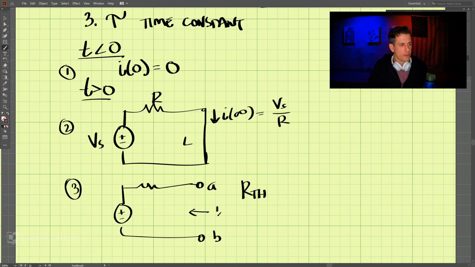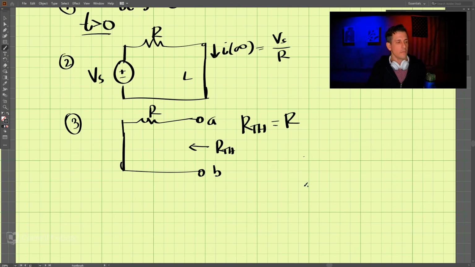We're looking for the equivalent resistance here, and we have an independent voltage source, which we then turn off. So our Thevenin resistance is just R, and so our time constant is L over R, I'm sorry, L over R, which is L over the Thevenin resistance.